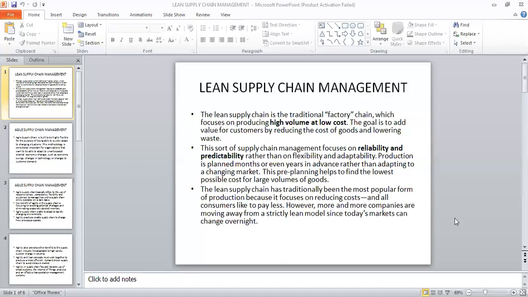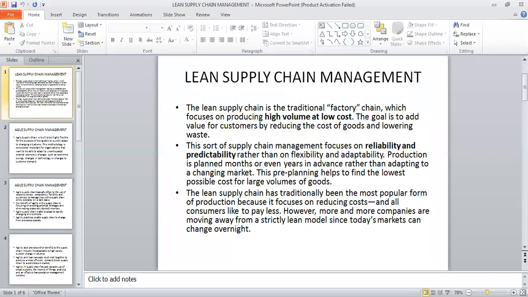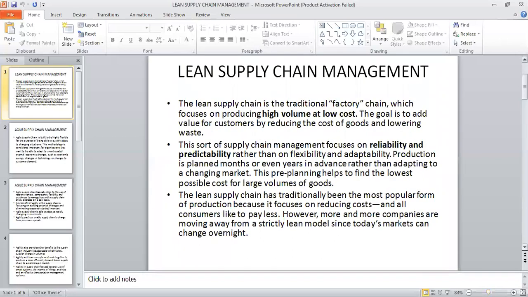Every activity which adds value to the customer is adopted, and every activity which reduces value to the customer is eliminated. It relies on forecasting techniques to predict inventory, so that you can meet the customer demand.